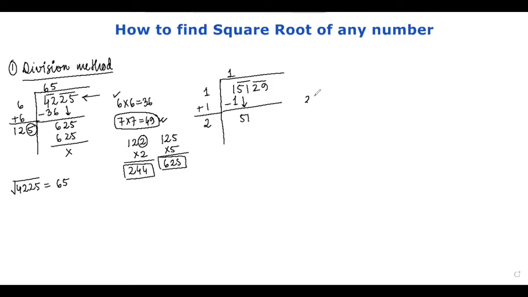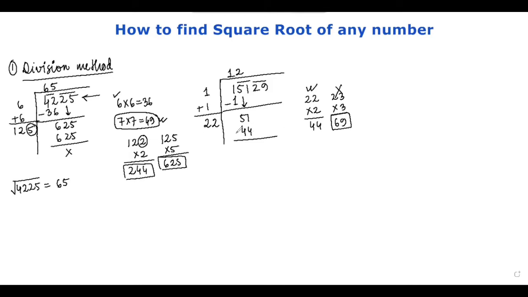We can add 2, and by multiplying 22 with 2 we get 44, and if we put 23, then if I multiply 23 with 3, I get 69. So 69 is bigger than 51, so we cannot take 3, we'll have to go with 2 only. So we write 2 here and 2 there and 44 here.